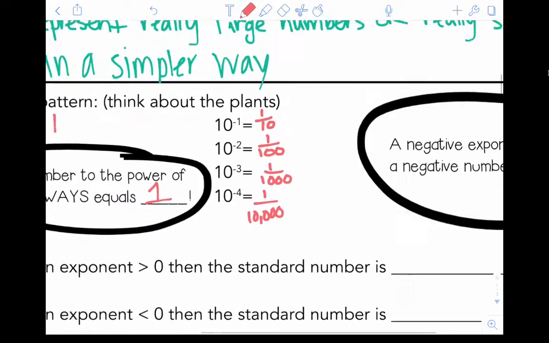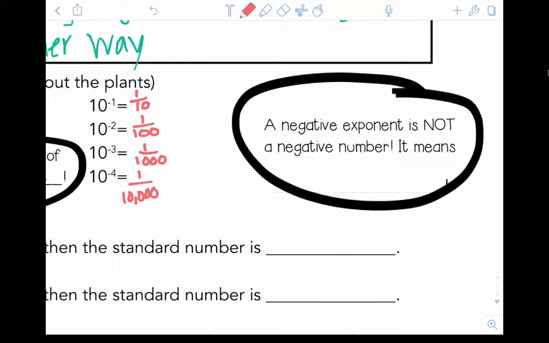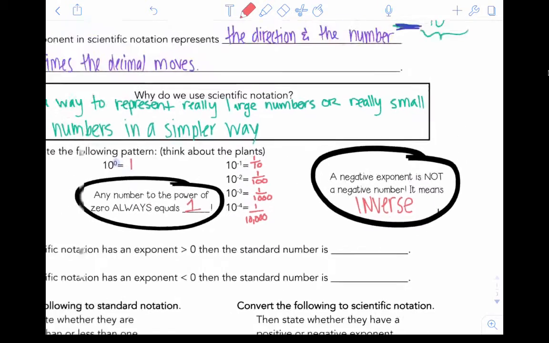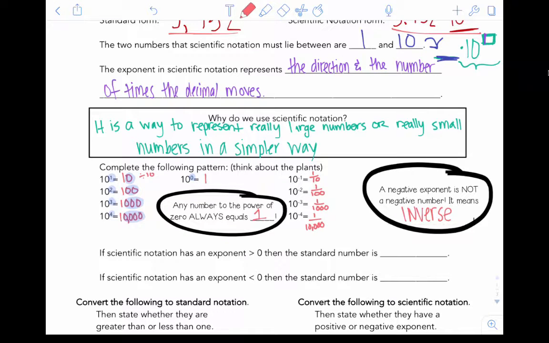Also remember, a negative exponent does not mean a negative number. A negative exponent does not make a negative number. A negative exponent does make an inverse. It means inverse. And I say inverse instead of fraction because sometimes we start with a fraction and we end up with a whole number.